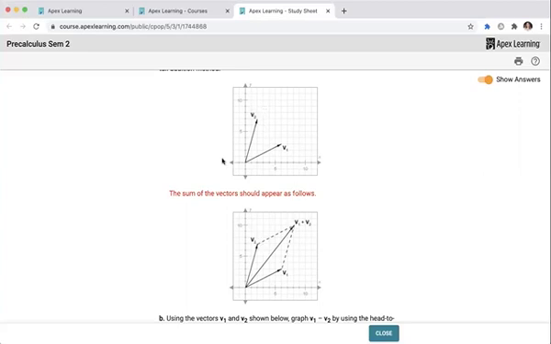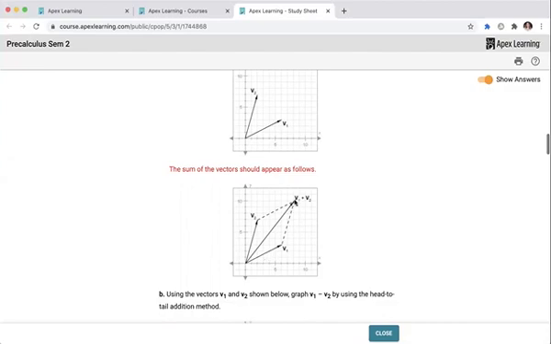Then you do the opposite for V2. V2 goes over 2, up 7. So you go to V1, over 2, up 7. If you do it correctly, they should both bring you to the same point, and that ending point is the ending point for your new summative vector.